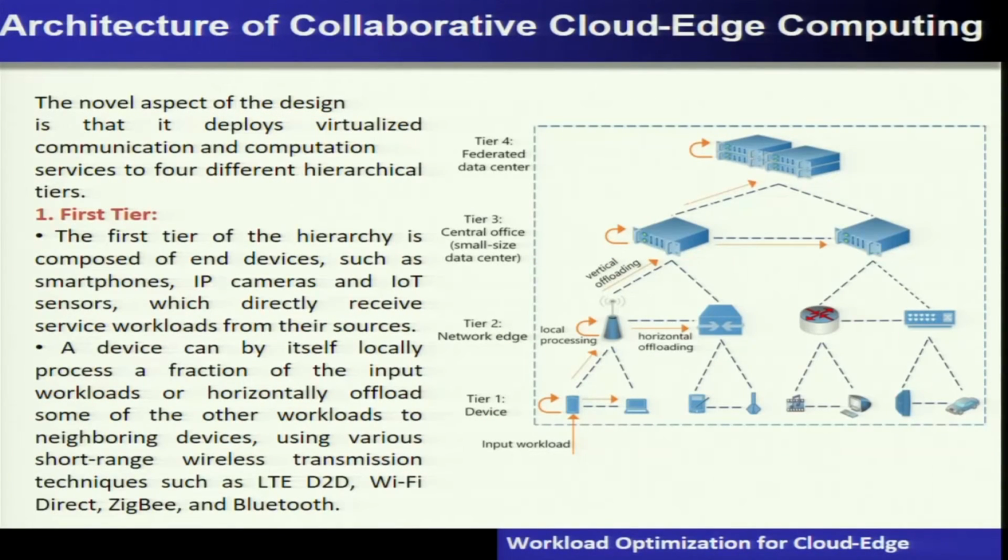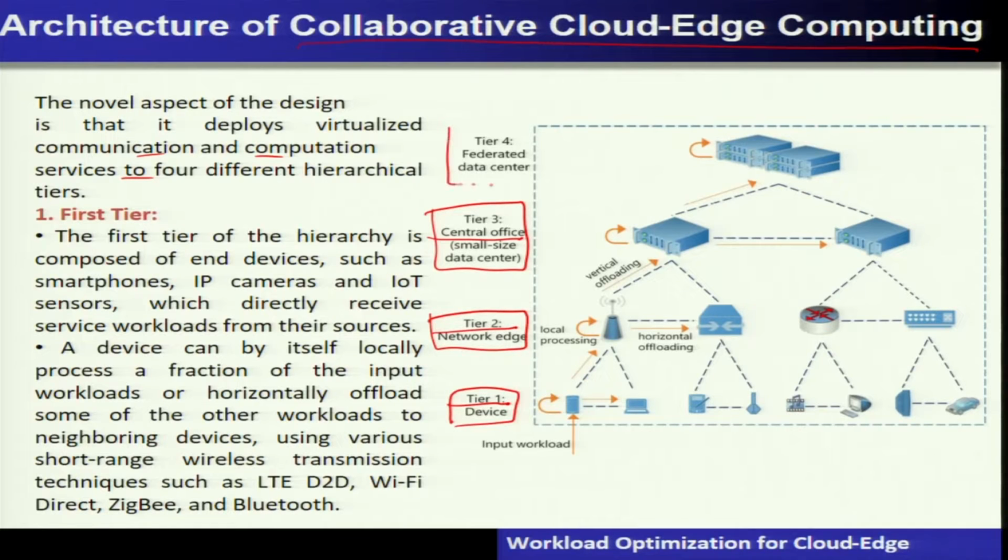Let us understand this concept through the architecture of a collaborative edge cloud computing. The novel aspect of the design is that it deploys virtualized communication and computing services across 4 hierarchical tiers. Tier 1 is the devices, tier 2 is the network edge, tier 3 is the central office, that is small size data centers, and tier 4 is the federated data centers.